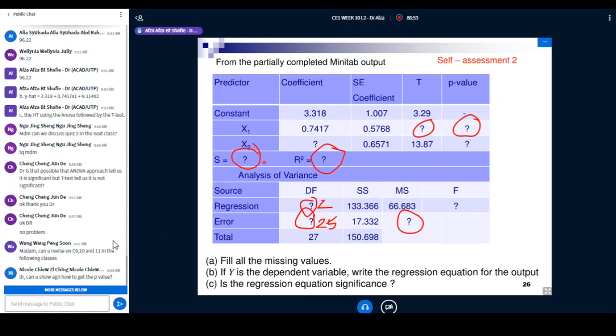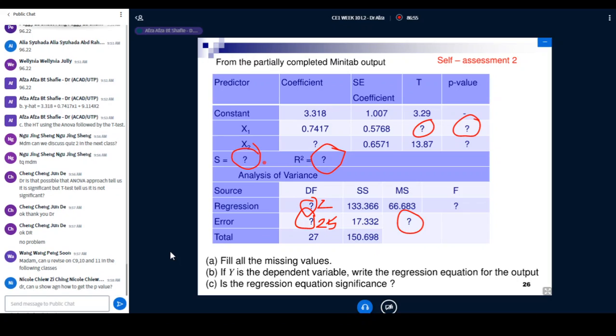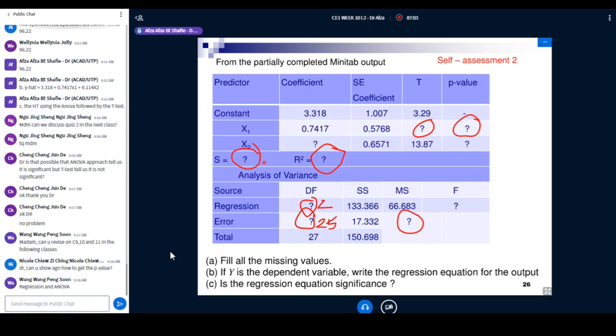Okay, so can you revise chapter 9, 10, and 11? Can I show how to get the p-value? Okay, I'll show you how to get this in the next class, because my screen is completely dark.